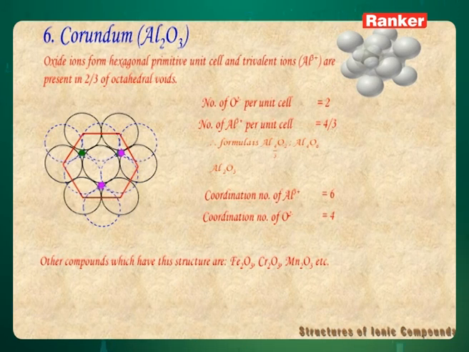But now in the case of corundum, Al2O3, the lattice is formed by oxide, and the lattice is not face centered lattice, it is hexagonal lattice, hexagonal primitive unit cell, that is the lattice. That means all the oxide ions are at the corners of the hexagon, two opposite face centers, and then also you have 3 completely inside.